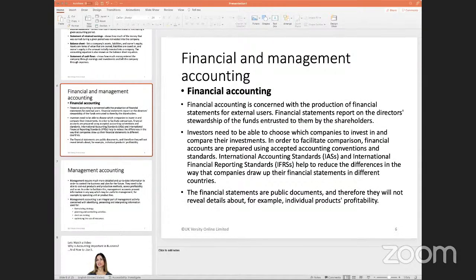And when I say financial accounting, what I mean is that we are looking at producing financial statements for the purposes of reporting to external users of the organization or stakeholders. If you recall, in the first learning outcome, we studied stakeholders. Stakeholders tend to be internal and external. Internal tend to be, anybody recalls?